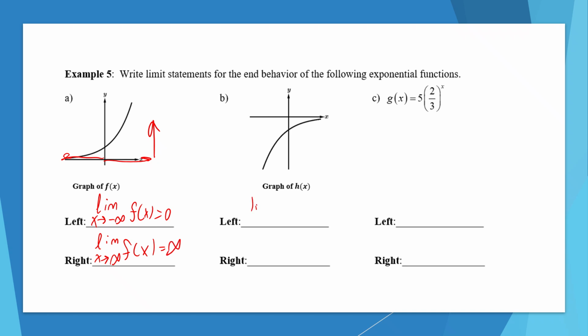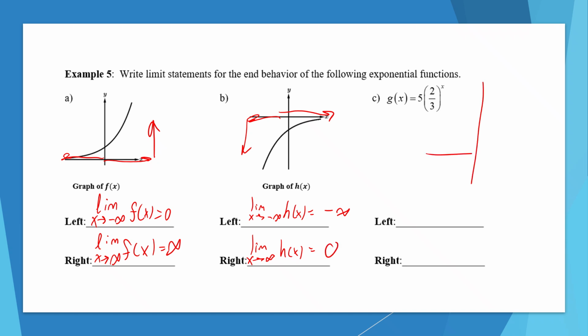This should be the limit as x approaches negative infinity for h of x equals, and then this is going down forever, so negative infinity. And then the limit as x approaches positive infinity for h of x, this is approaching 0.